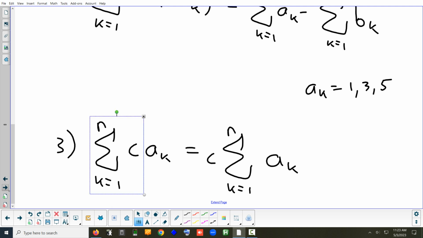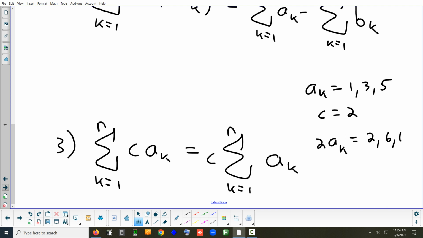Let's do it this way. Let's pretend C was 2. If this is A sub k, what would 2 A sub k be? 2, 6, 10. And now the sigma symbol means to add up everything that resulted from that formula.